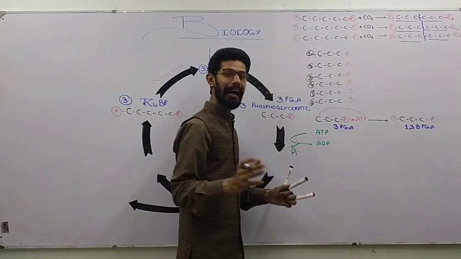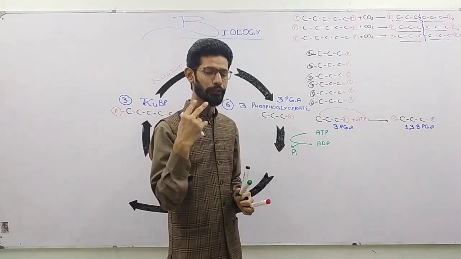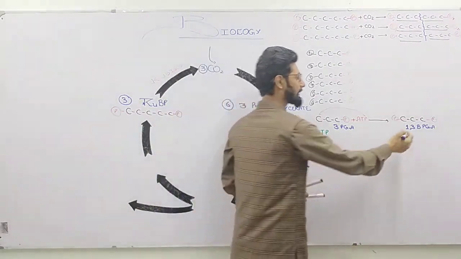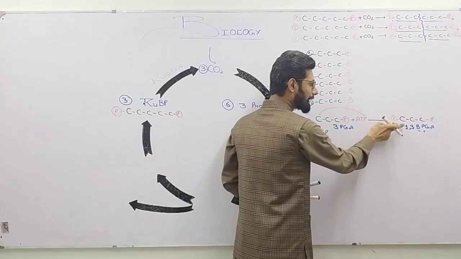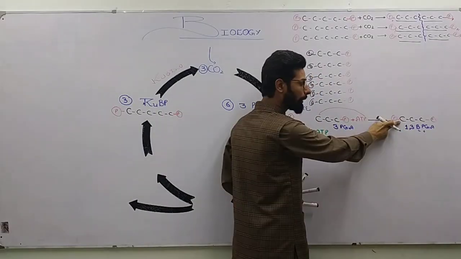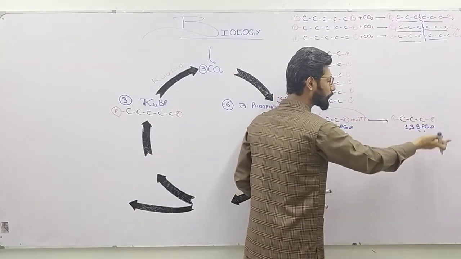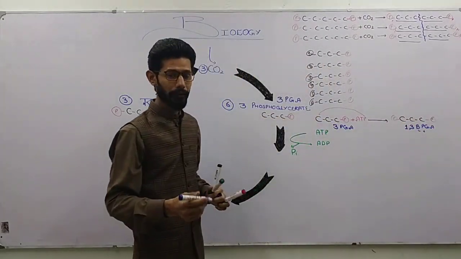Remember that bis means 2. So bisphosphate means 2 phosphorus: 1 means 1 phosphorus is present on the carbon number 1, and 3 means 1 phosphorus is present on the carbon number 3.